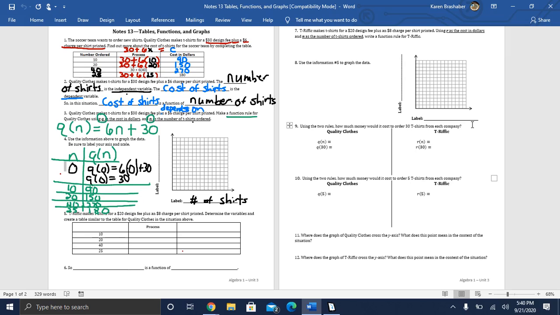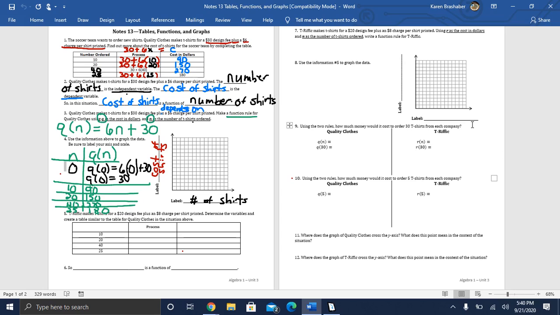So give me just a second. I'm trying to write that sideways. And I have my window open. My dog is barking. So this would be the cost of the shirts. All right.